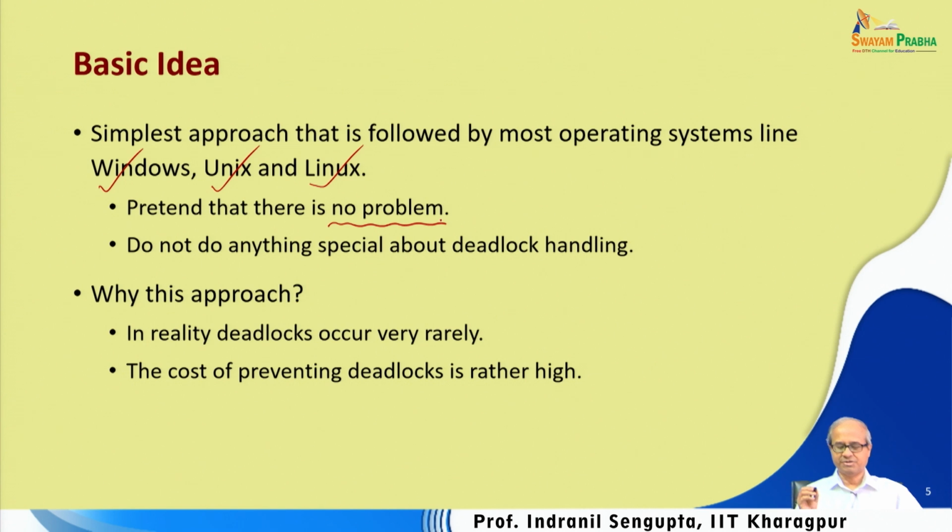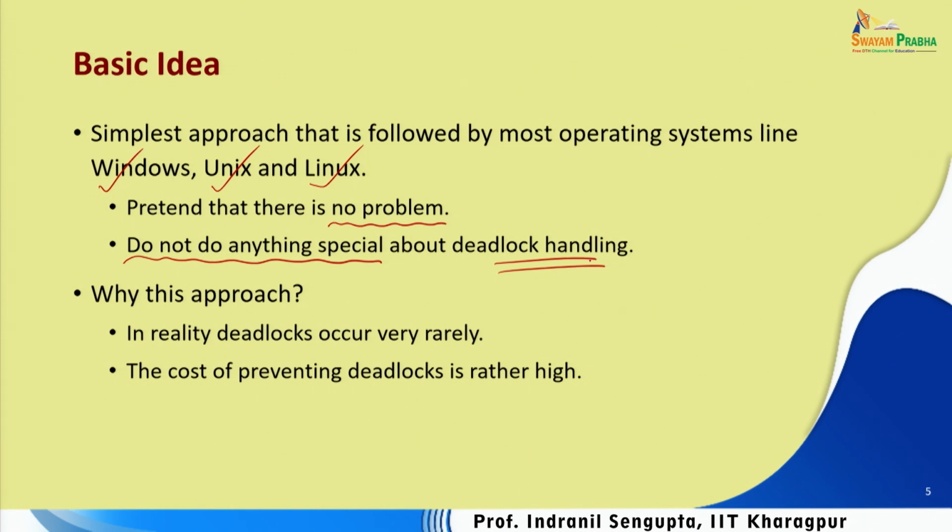Basically the approach taken by the operating system is do not do anything special, do not do any kind of deadlock handling, let deadlocks happen, let us try and recover from deadlock after the user detects that the deadlock has happened, but the operating system will not do anything.